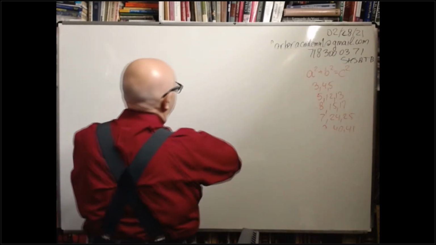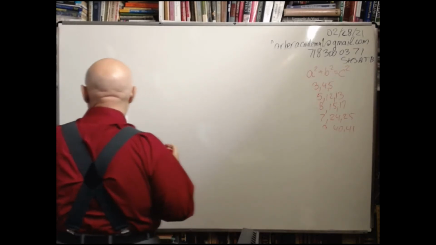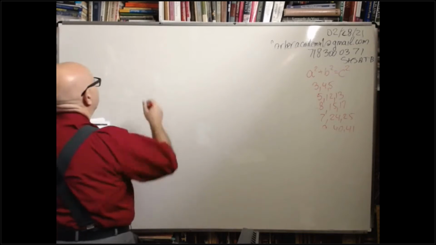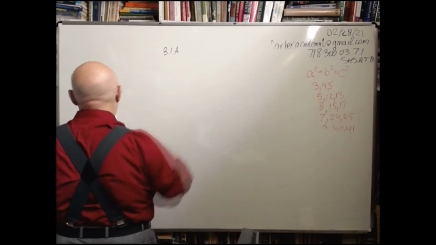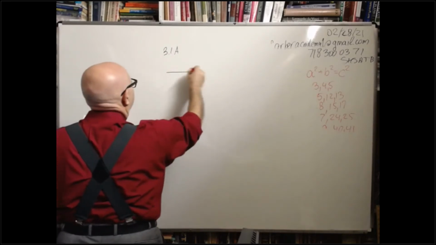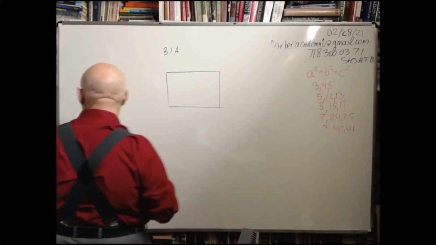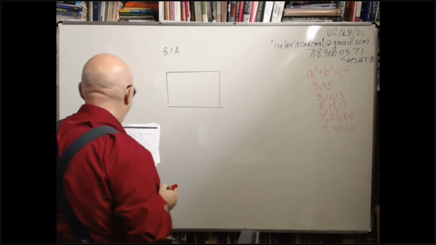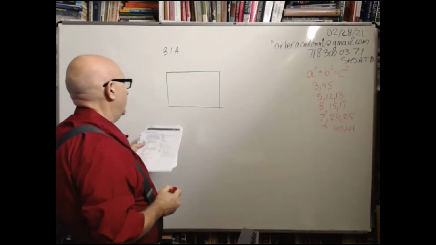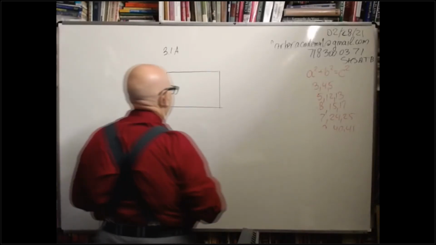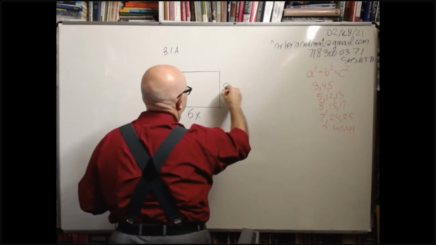But I changed the numbers. Numbers would be different, but the idea is the same. Let's say we have a rectangular field. I make this rectangle, and the ratio of length to width equals, I make it 6 to 8. So this side is 6x and this is 8x.